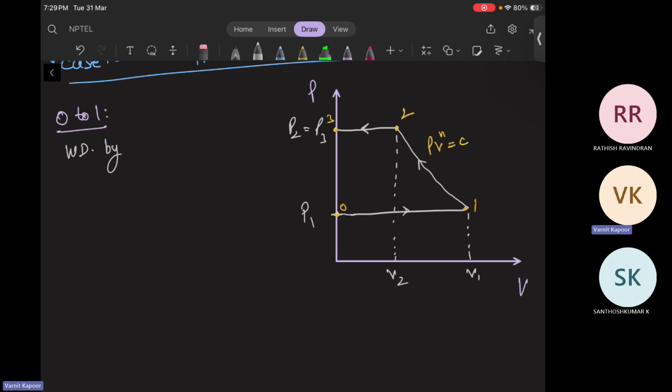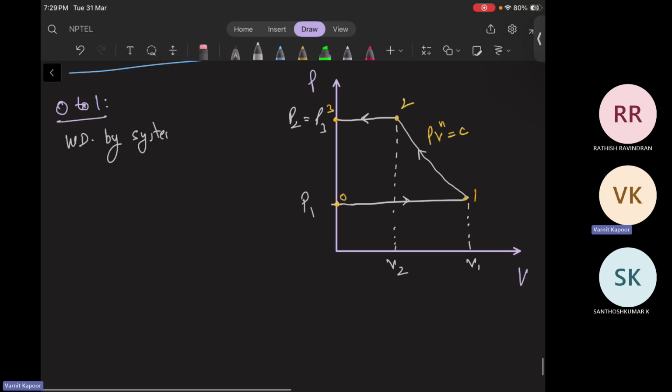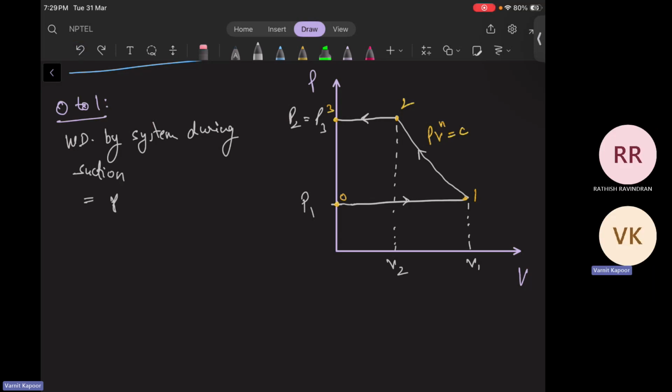Work done by system during suction is nothing but P into V final minus V initial. Pressure is P1 from 0 to 1, and V final is V1 from initial V naught, that was 0 itself. So that is P1 V1 because there is no clearance volume.